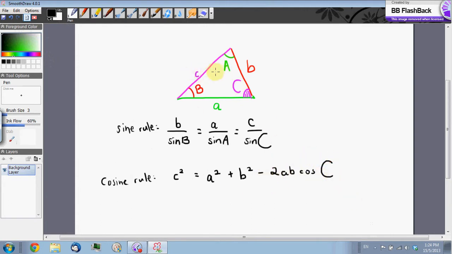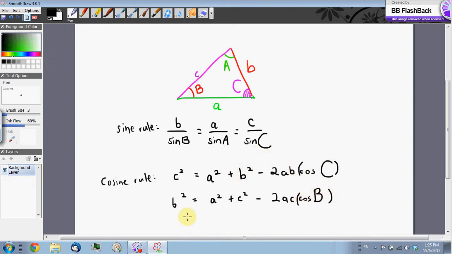If you apply it to any other side of the triangle, it can be that B squared is equal to A squared plus C squared minus 2AC cosine B, because now we're talking about B. I just bracket this to let you see that it's a cosine function.